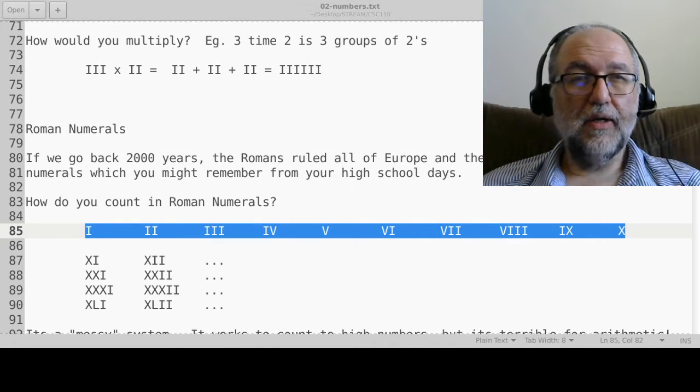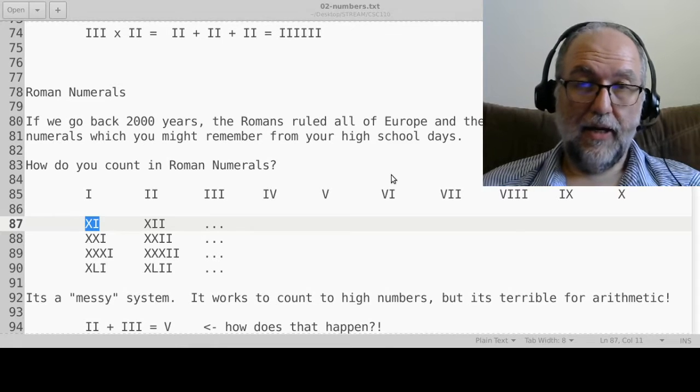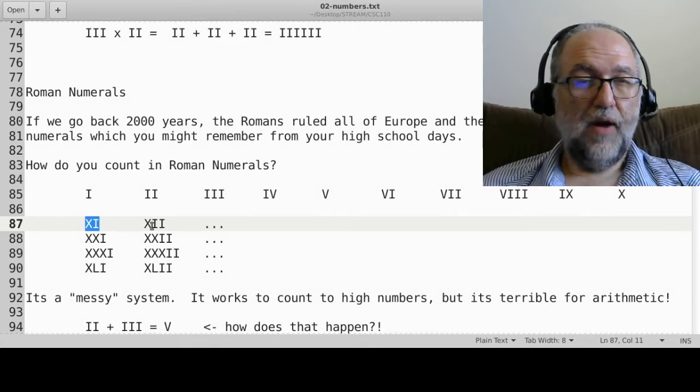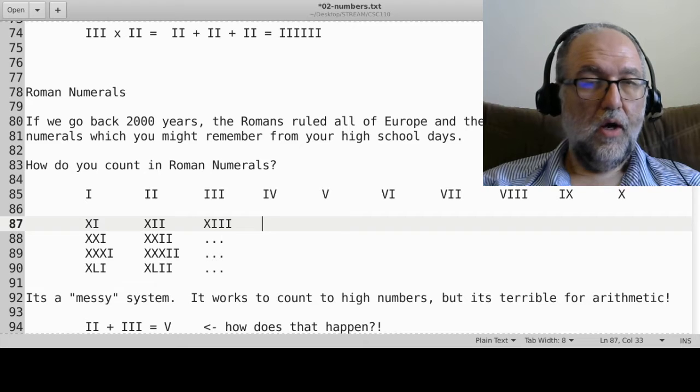Then when you got to 11, you would do XI, which would be 10, and then 1 after 10, which is 11, and then you would do 2 after 10, and maybe I should just finish this off. Okay, then you would do 3 after 10, then you would do 1 before 15.